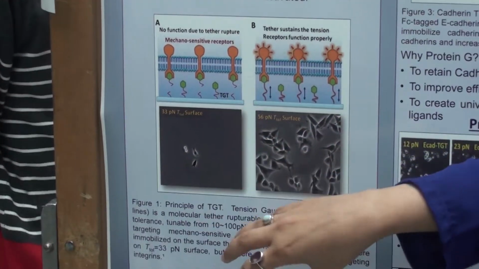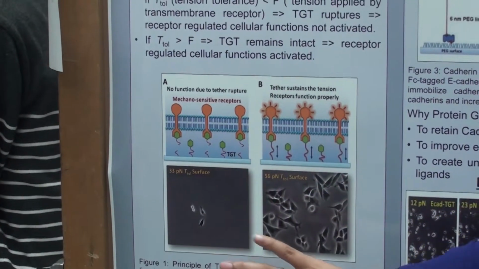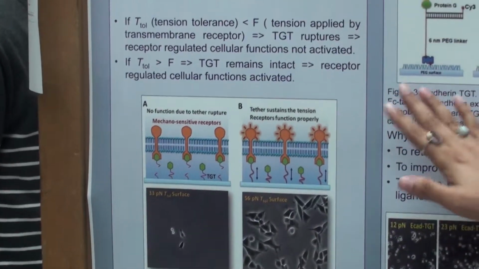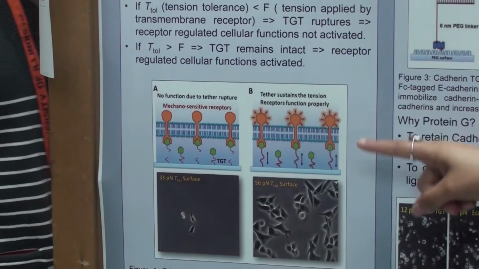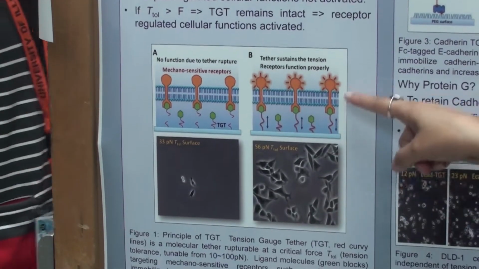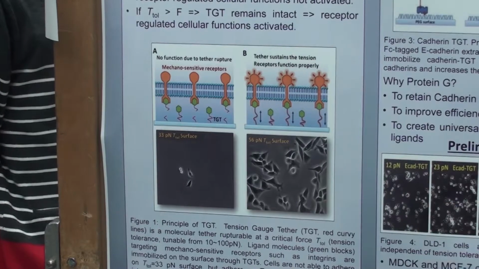A readout for that in our case is the adhesion of cells on this TGT modified surface. However, if the tension tolerance of these TGTs is greater than the force applied by the transmembrane receptor, the TGTs remain intact and the receptor-regulated cellular functions are activated.